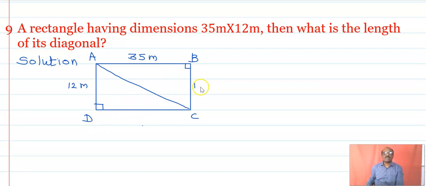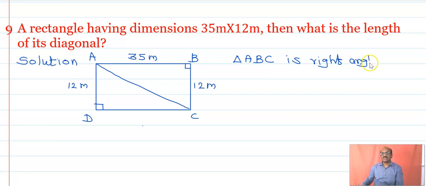Now the triangle ABC is a right angle triangle.